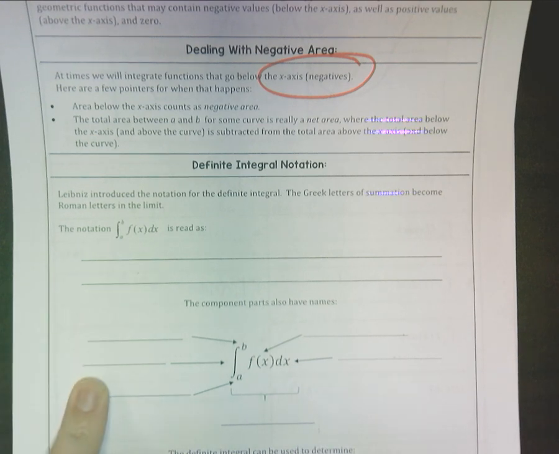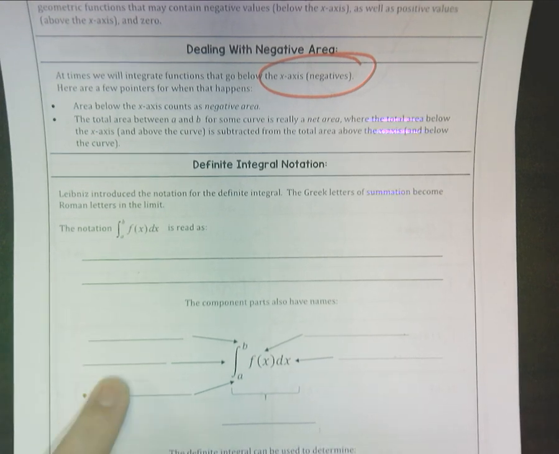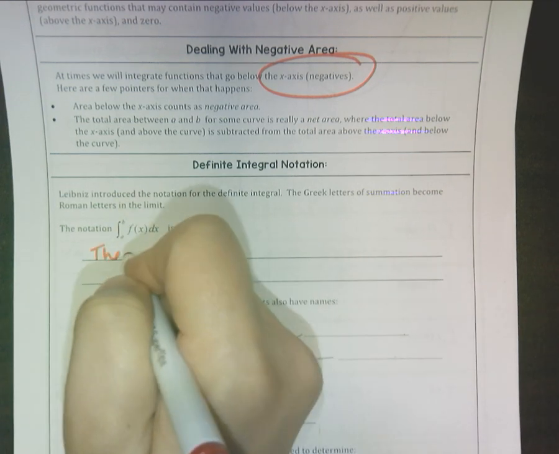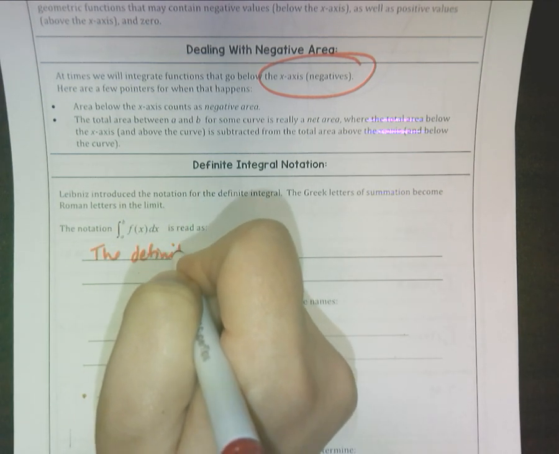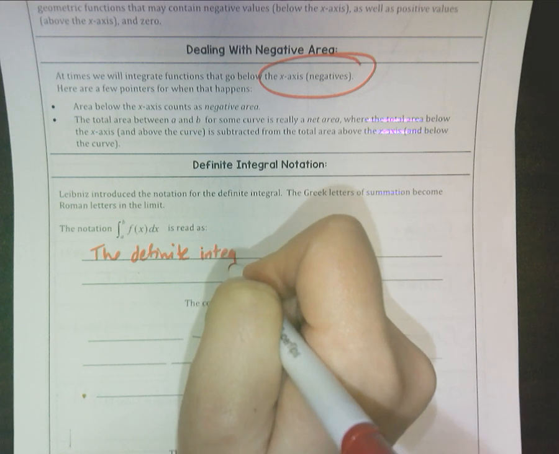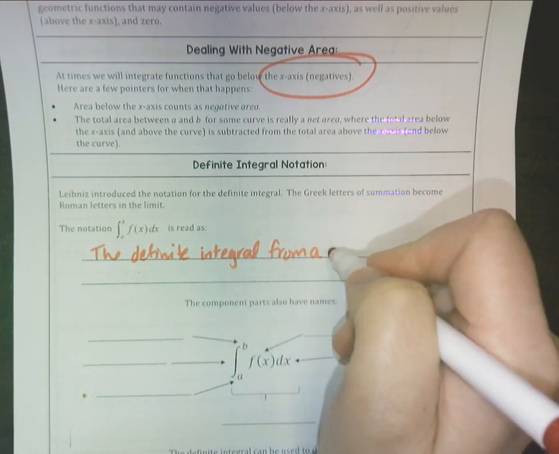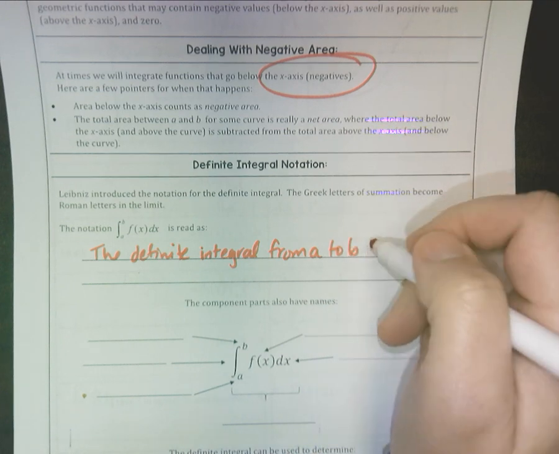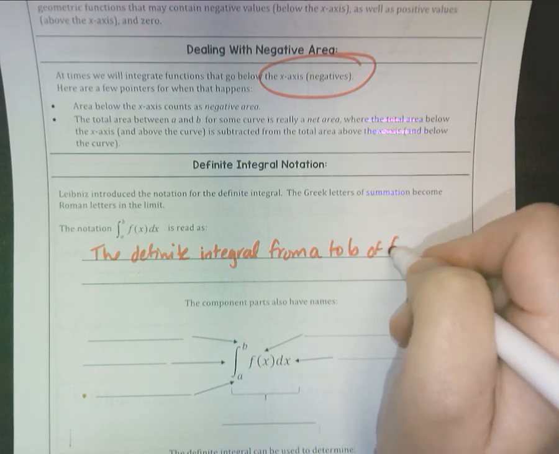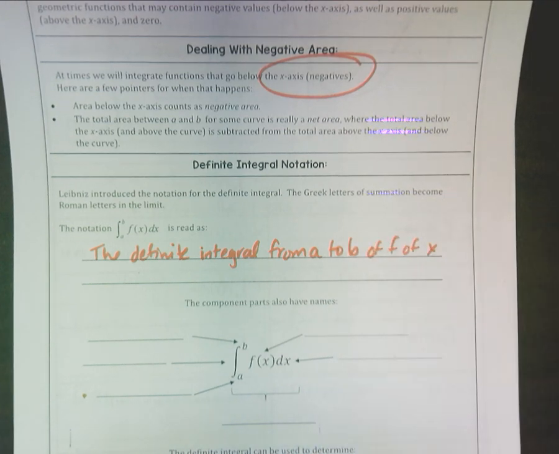And it's pretty easy. It's the definite integral from a to b of f of x with respect to x.